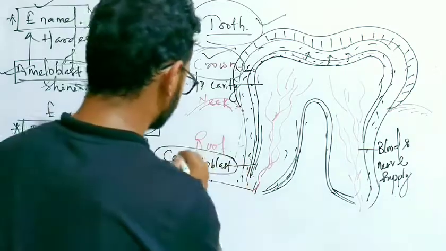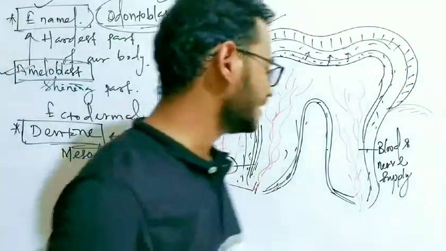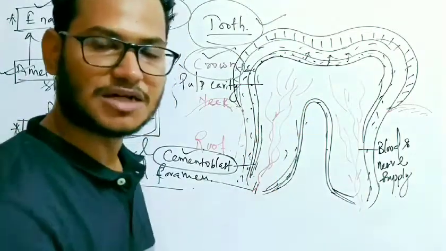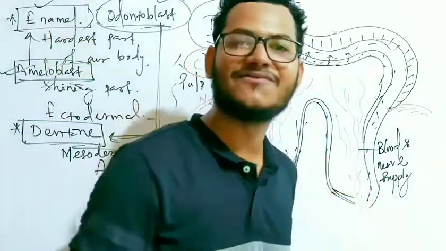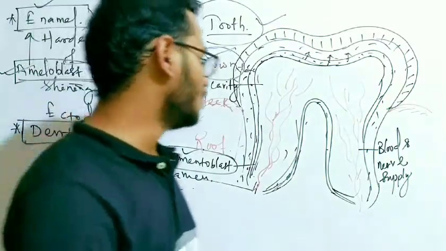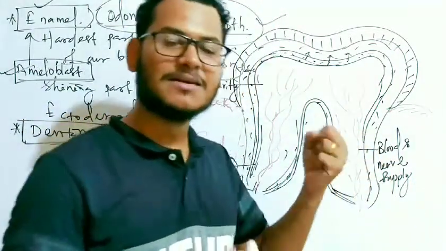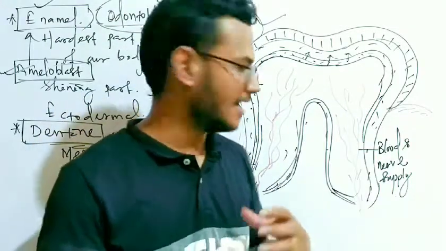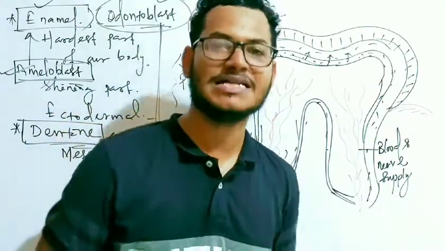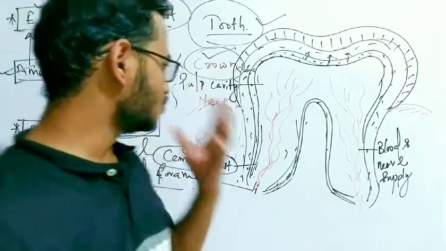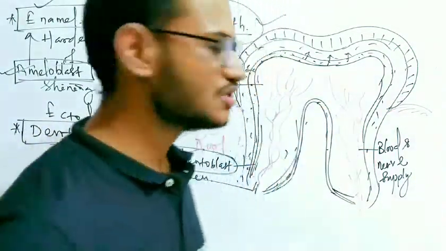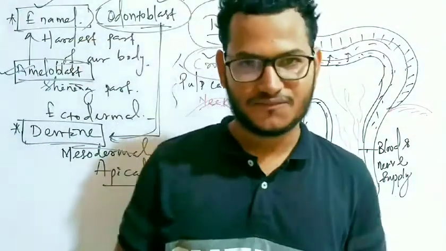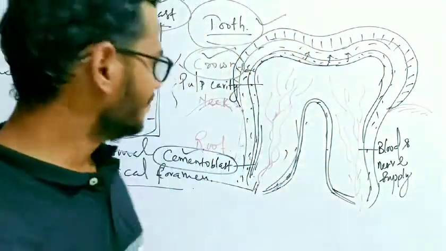These are the cells which secrete a cementing connective tissue that helps in the attachment of the tooth to the bony cavity in the jawbone, so that it can make itself fixed and will not have any displacement during chewing of food. It needs to be constant in its position in order to help in chewing of food during mastication.